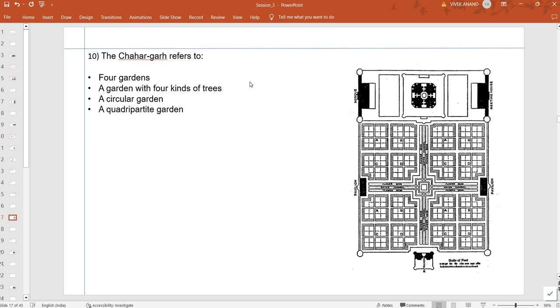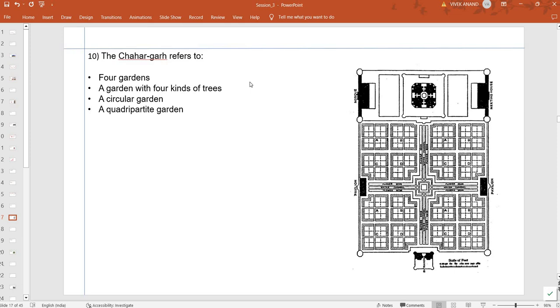So this you can see. This is the plan of which building? Can anyone identify? Taj Mahal, yeah. Where is the main tomb? On the top only, in the center.